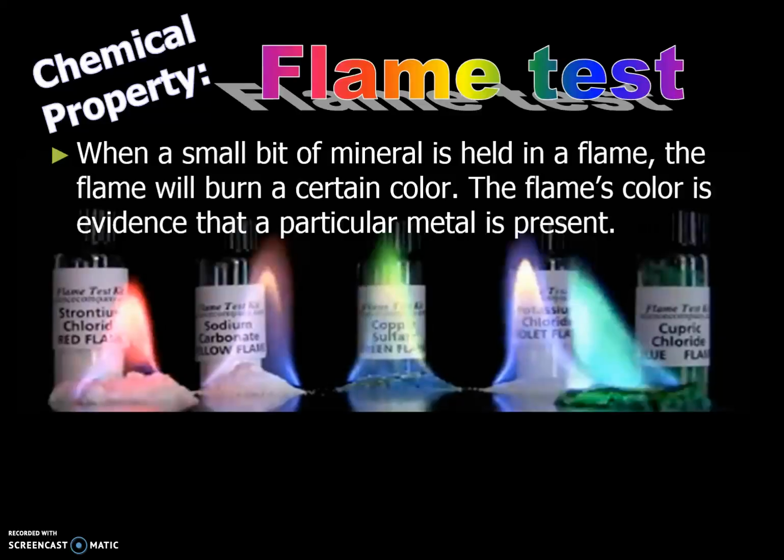This is pretty cool. When a small bit of mineral is held in a flame, the flame will burn a certain color. The flame's color is evidence that that particular metal is present. So you can see strontium, sodium, copper, all of these different minerals will burn different colors, giving us a good idea of what mineral is present.